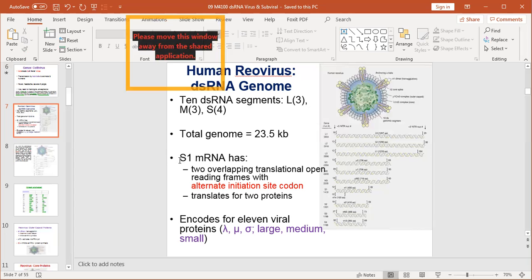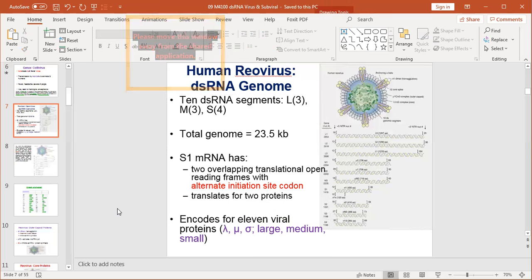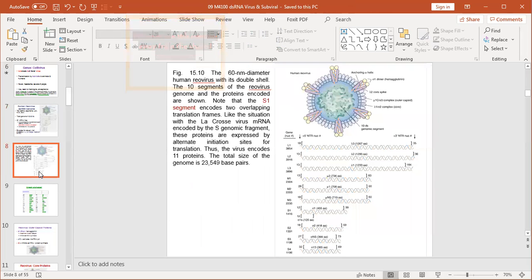So S1 produces 2, and the other 9 segments will produce 1 each, a total of 12 different viral proteins, and they are named as lambda, mu, sigma, large, medium, and small proteins.